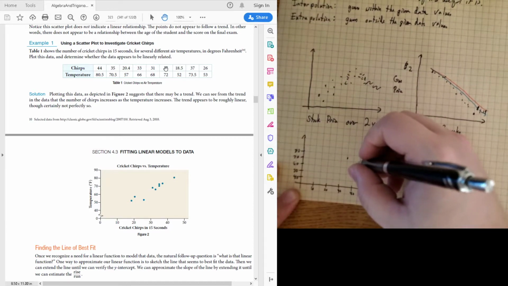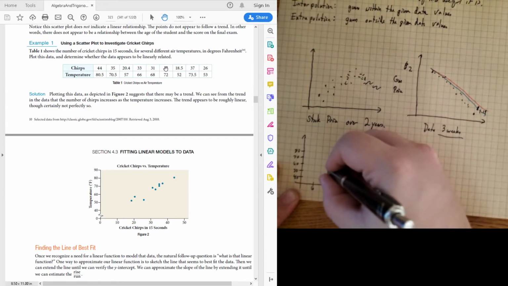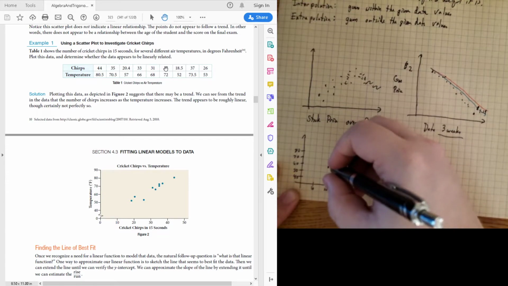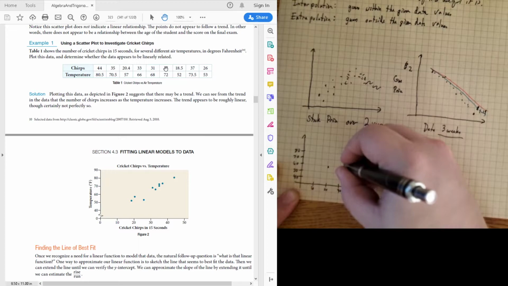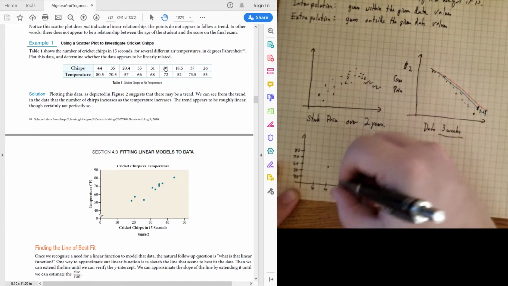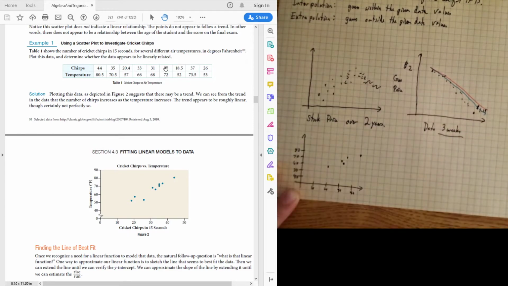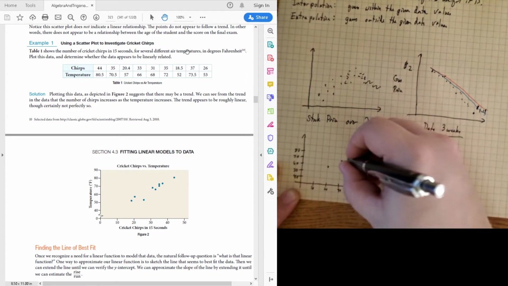Let's see, we got 20.4 at 57, so 20.4 at around 57, so right about there. 33 at 66, so 33, 66, right about there. We got 31 at 68, so 31, 68, right about there. We have 35, 72, so 35, 72.